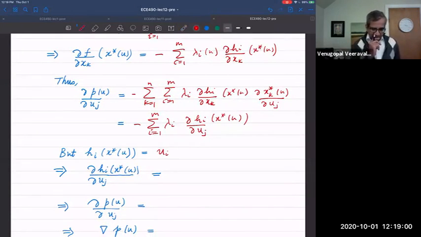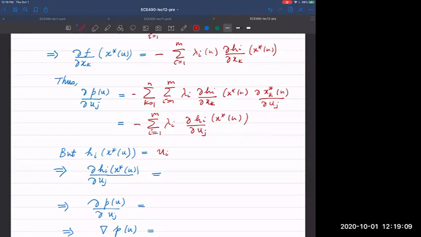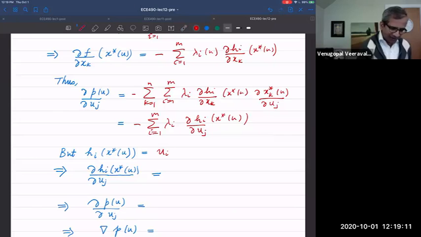Now, if you take the partial of u_i with respect to u_j, it'll be identity, or something close to that. It's going to be 1 if i is equal to j, and 0 otherwise.